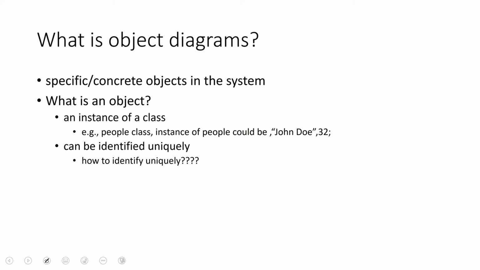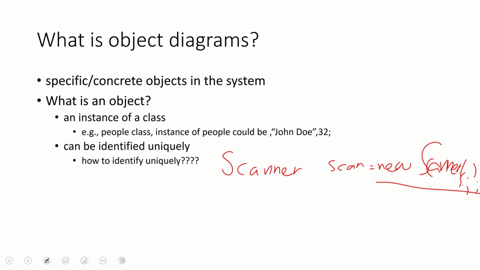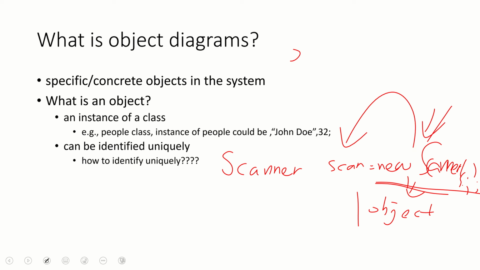For example, you have a class. I believe most people understand Java, like we have Scanner. We create an object, right? We use the new keyword with Scanner, System.in, right? Here we use new to create an object, then assign it to the object reference.